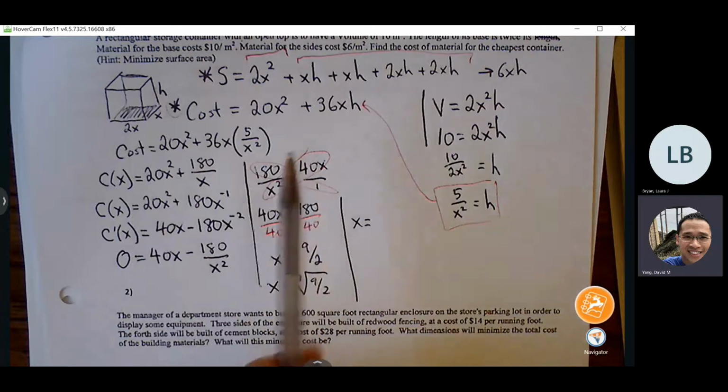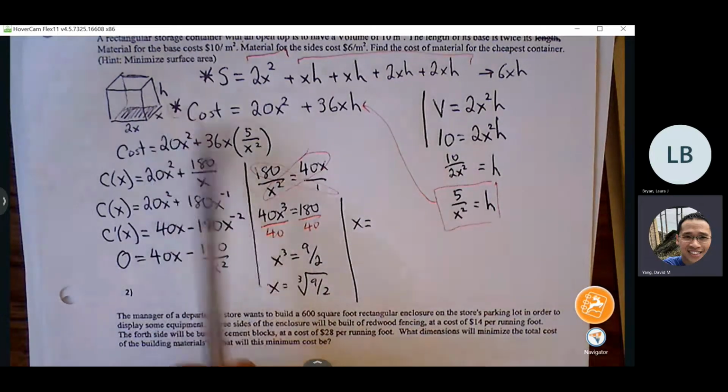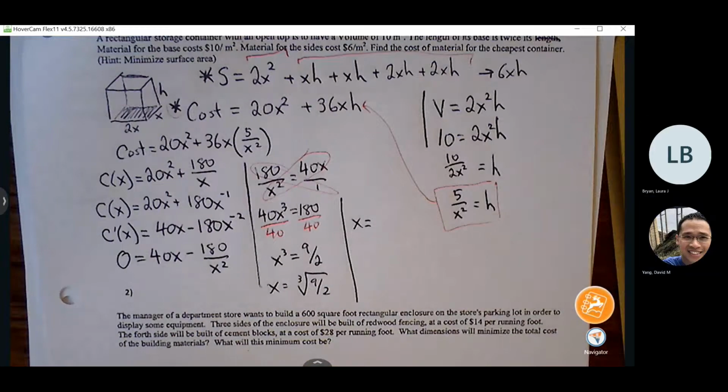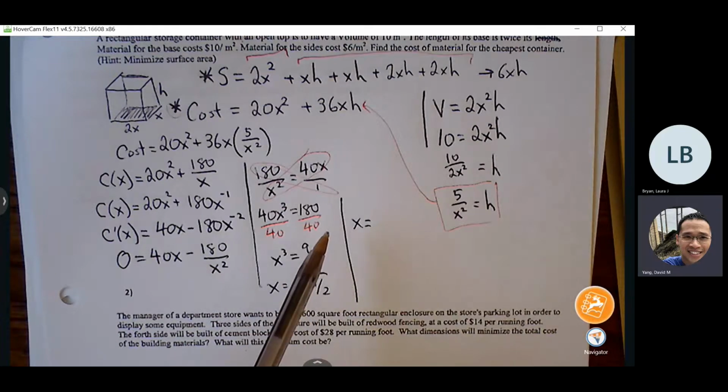Normally, algebraically, it would, but we're trying to figure out dimensions, so we'll just drop the negative. Yeah, negative is not going to make sense for the context of our problem. So cube root 9/2, 1.651.